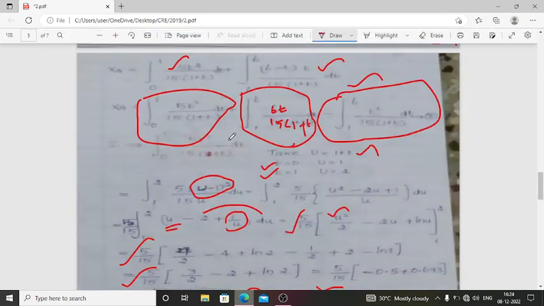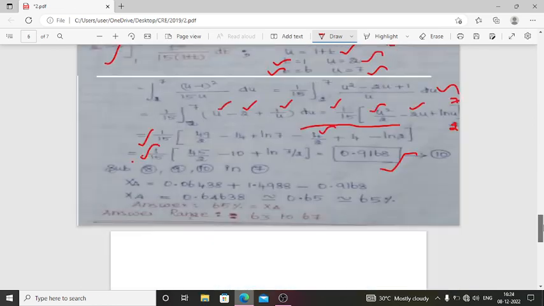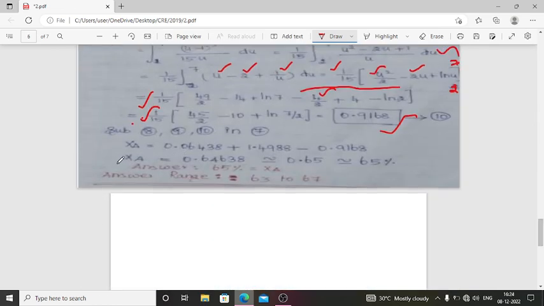What is XA? The 8th expression refers to the first part, the 9th one the second part, the 10th one the third part. The 7th expression is the main equation. We have 3 parts, substitute each part value here. So finally we get XA is equal to 0.64638. This is 0.65, 65%. So the conversion here is 65%. Answer range is given as 63 to 67. Our answer is within this range.